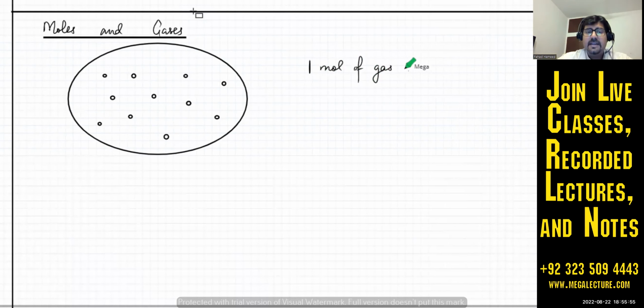In 1 mole of gas, how many particles will there be? It's going to be 6.02 times 10 to the power 23 molecules of gas, right? It's going to be a lot of particles.